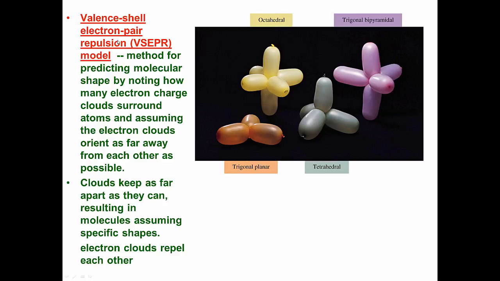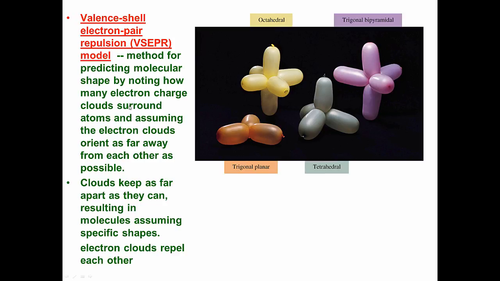Now, we have to remember that molecules are 3-dimensional. We've been drawing them in 2-dimensional space. So each molecule has a characteristic shape. So what we do is use the valence shell electron pair repulsion model in order to predict the molecular shape. And how we do this is we look at the number of electron charge clouds that surround the atoms.